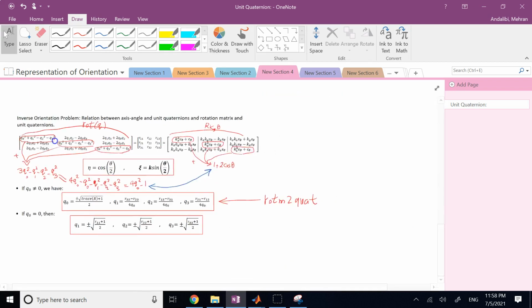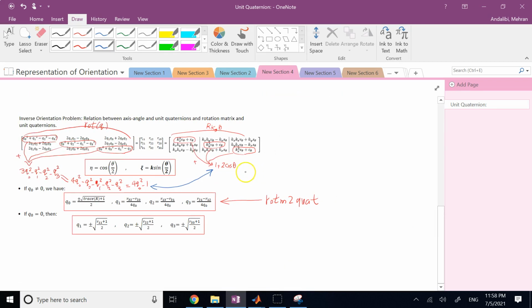Now, does that give me my first equation? Yes. How? If I take this negative 1 to the right hand side, 4 q naught squared is equal to 2 plus 2 cosine theta, correct? This 1 plus 1 becomes 2.